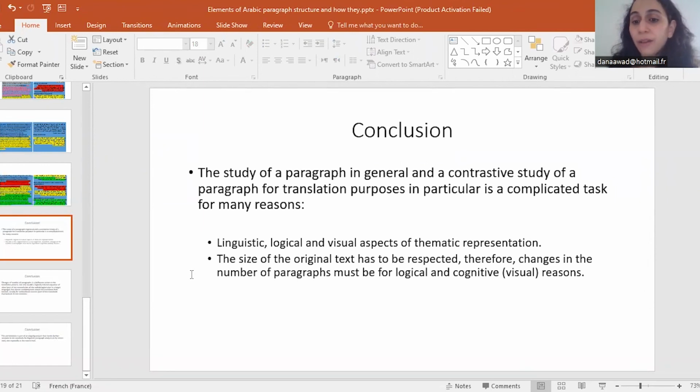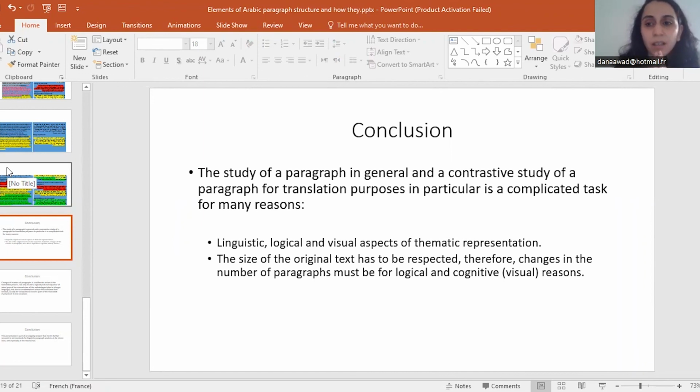So linguistic analysis alone might not be enough, or might not explain some differences. So we have to add the logical and visual aspects. So cognitive analysis as well.